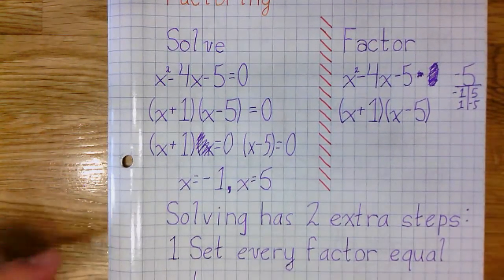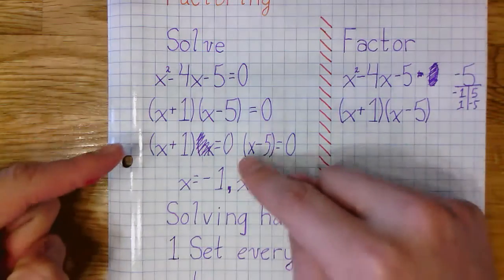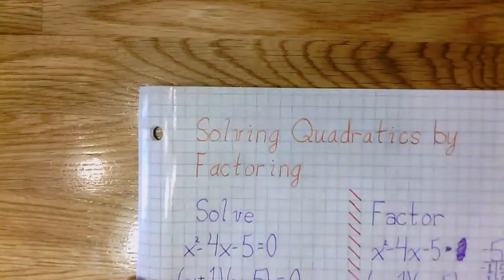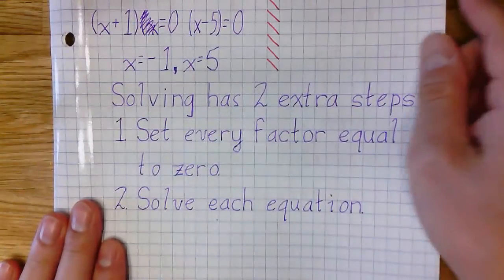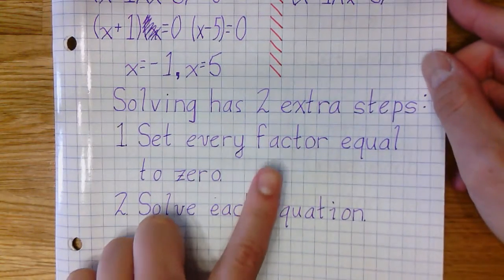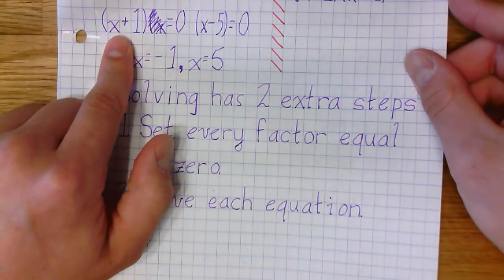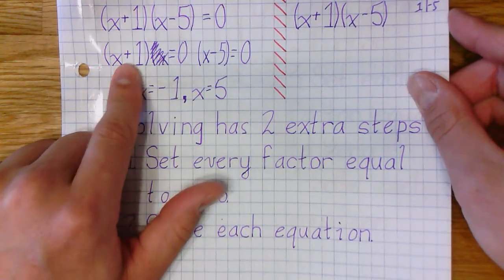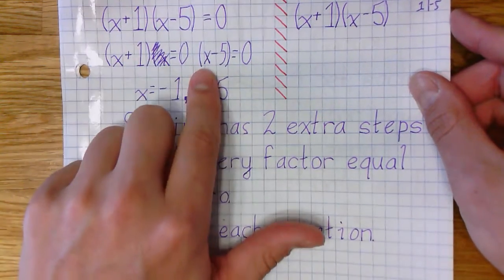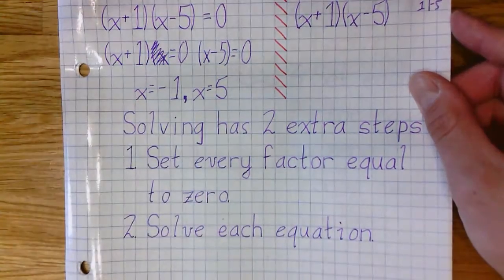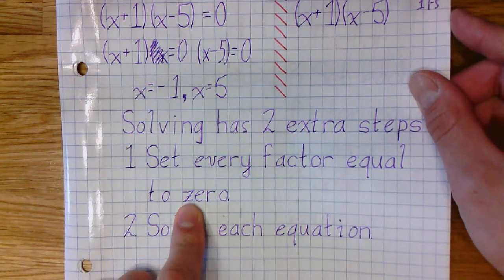Okay, the 2 extra lines in here, those 2 steps, are: set every factor equal to 0. We can see that right here. x plus 1 equals 0, and then x minus 5 equals 0. That's not even a real step, you guys.